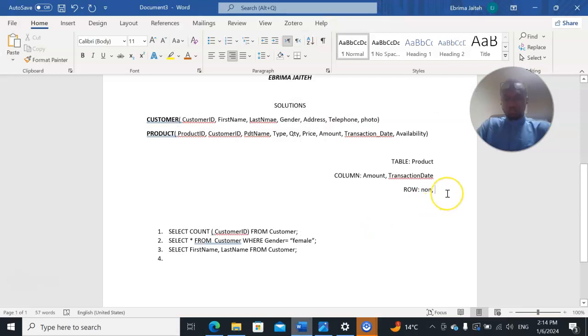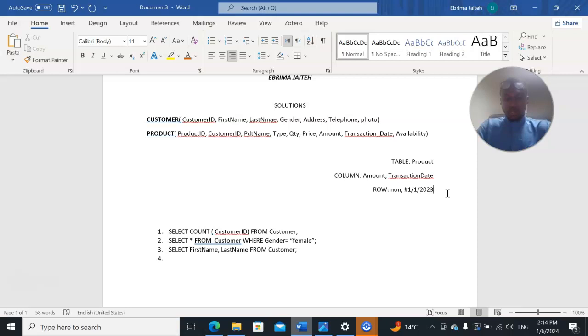So we're going to write here the date. When we are writing date in SQL, you use hash. So we're going to use hash, first of January, 1st of January 2023.